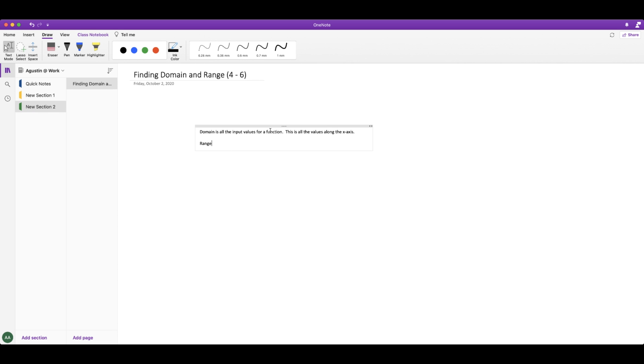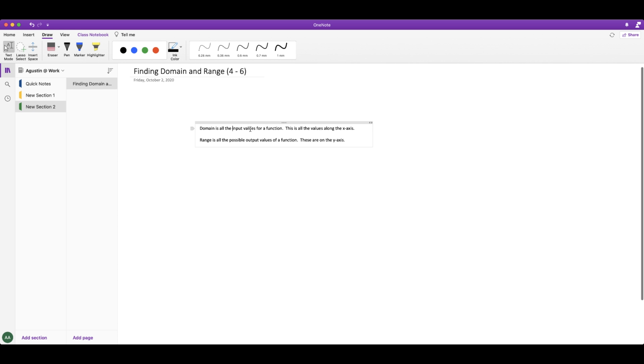And then range is all the possible output values of a function. These are on the y-axis. So the domain is all the possible inputs, and again, these are on the x-axis.